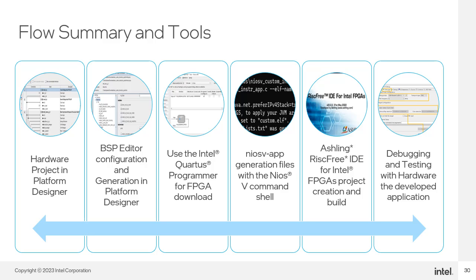You can program the FPGA with the Intel Quartus programmer. The command shell is used to generate with the Nios V app the files for the application project. Then you can use Ashling RiscFree IDE for Intel FPGAs for project build and debugging of your main application developed according to your system requirements.